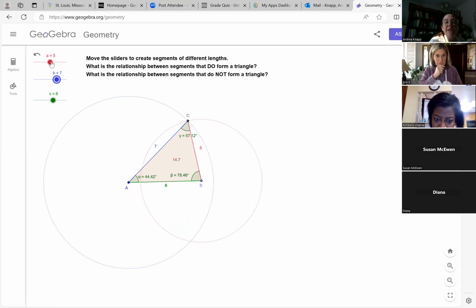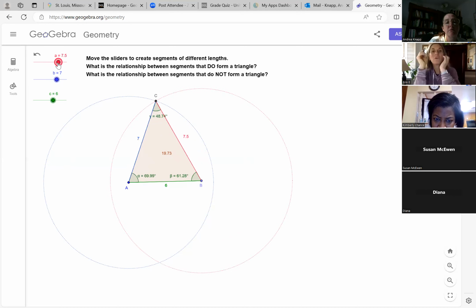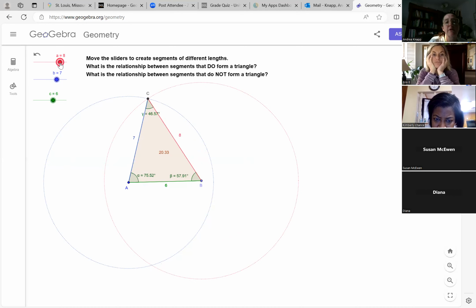No. Do you think I would need to make that red side bigger or smaller if I want that angle alpha bigger? You need to make it bigger. It looks possible to me.